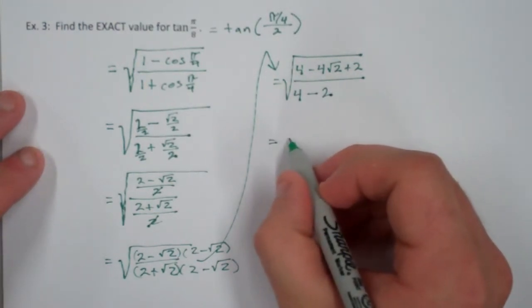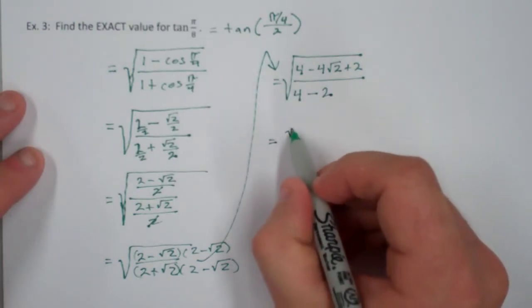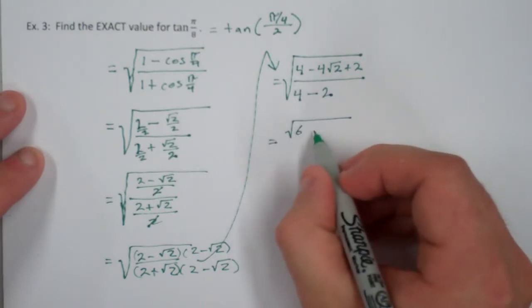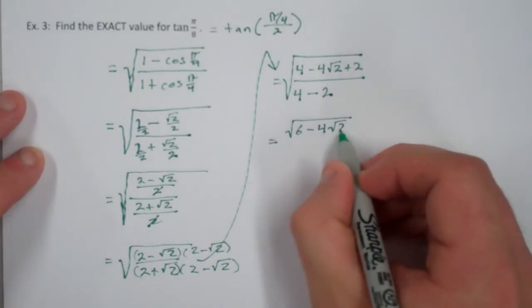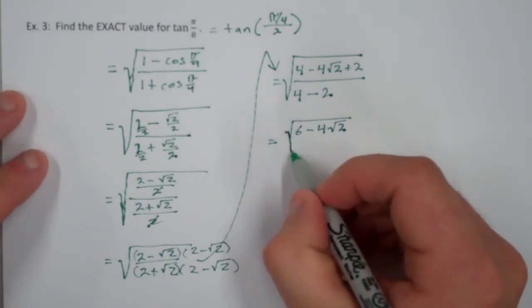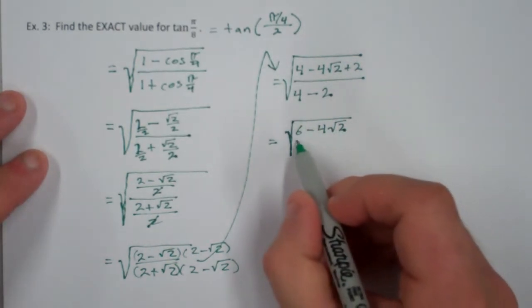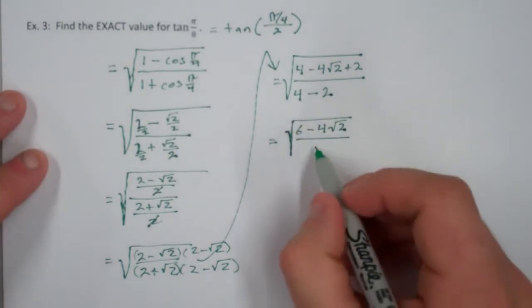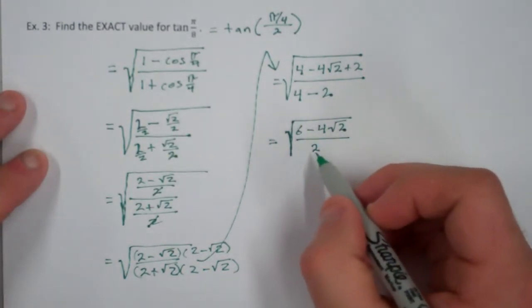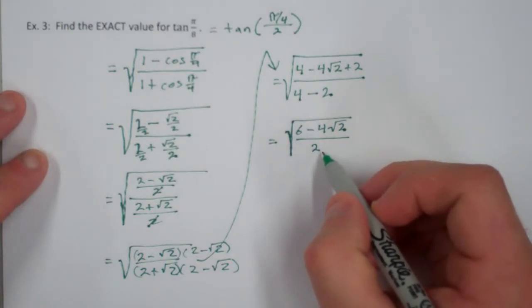Now we're going to have this set up, and I'm going to break this into its parts. So the numerator is going to be 4 and 2, which is 6, minus 4 root 2. Actually, you know what? I think it's going to be easier on us if we don't do that. So it's up to you whether you choose to or not, but I just saw something. 4 minus 2 is 2, and I can divide each one of these by that same amount. So that's going to work out well for us.